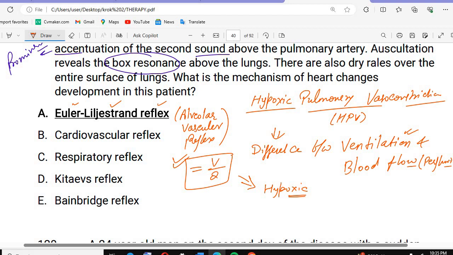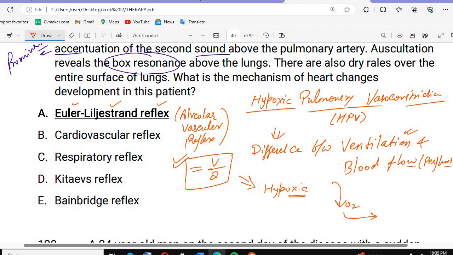Because if the patient has reduced ventilation, that means oxygen will be reduced. Ventilation means oxygen is coming in, and perfusion means oxygen is going from the alveoli to the lung tissues, diffusing from the alveoli. So that is the perfusion.